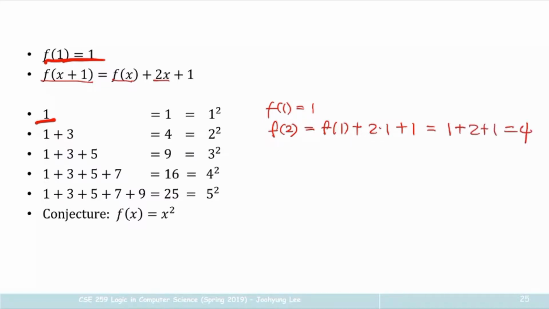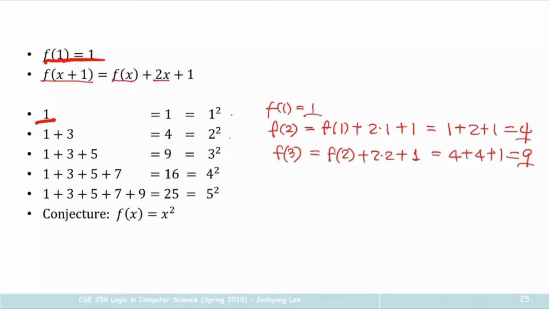And you can do the same for the other cases. So f of 3 is equal to f of 2 plus 2 times 2 plus 1. This is 4 plus 4 plus 1. This is 9. And if you do this, you will see that these are the squares.